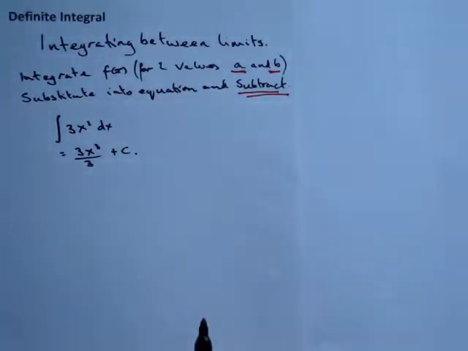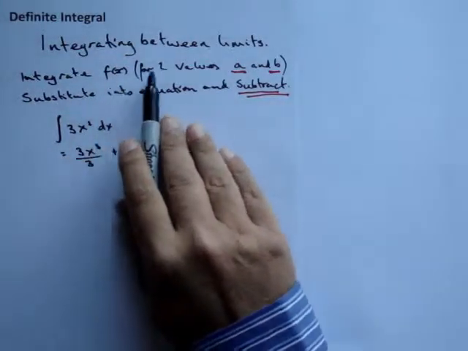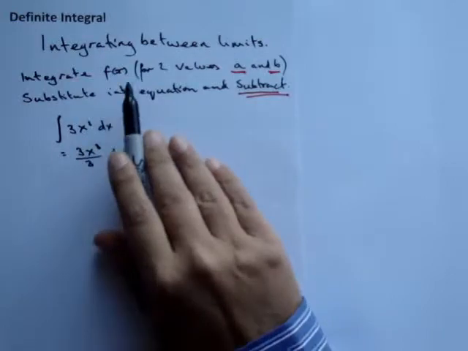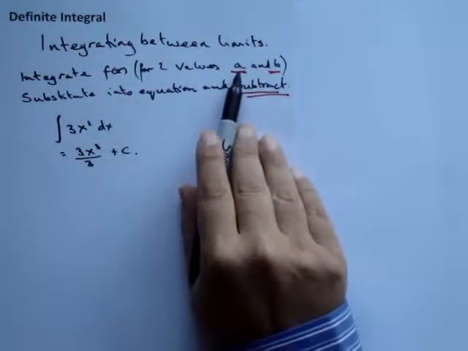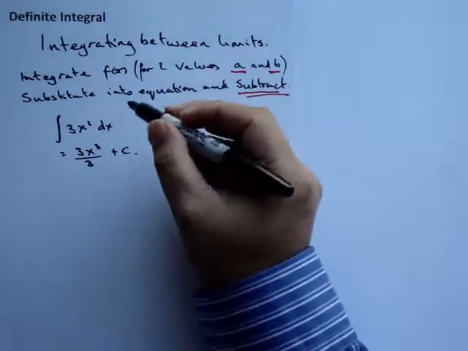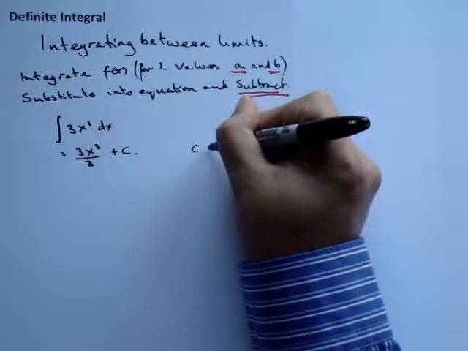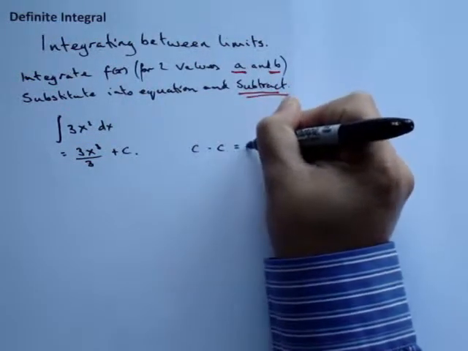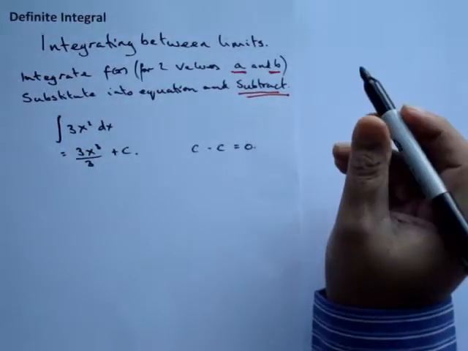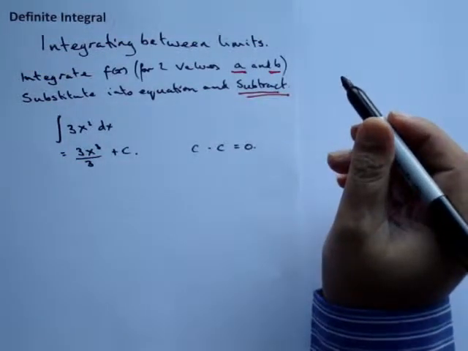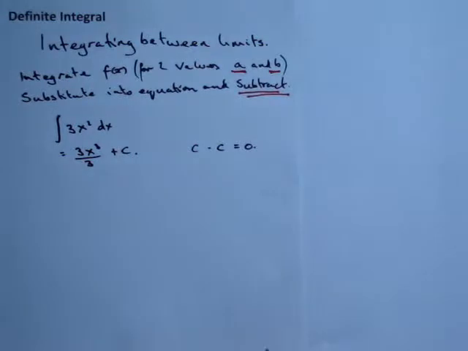Now because we're going to have two equations which we subtract using a and b, the c's disappear, so essentially we get a c in one and a c in the other, and that equals 0. So when we do definite integration, or the definite integral, we don't use plus c.